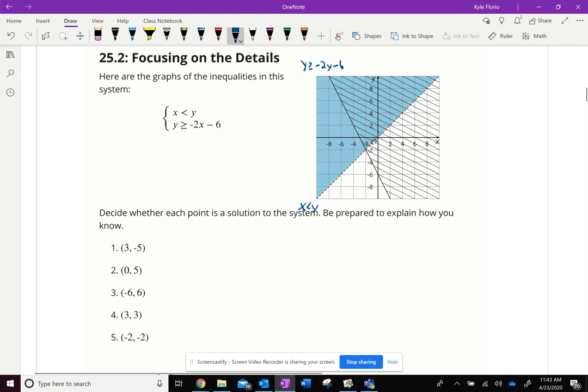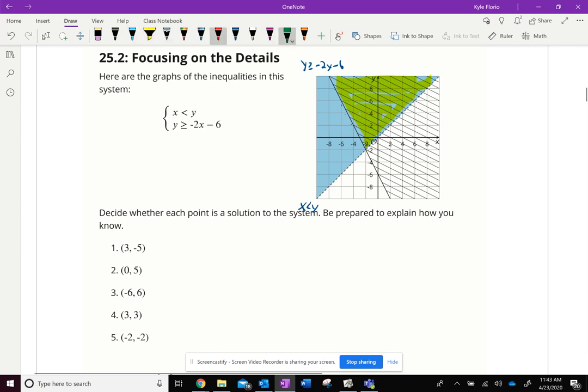The overlap region to both these inequalities is this triangular region right here. So anything in here is going to work for both inequalities. When they ask us if any of these points are solutions, if it's in this yellow region, the answer is yes.